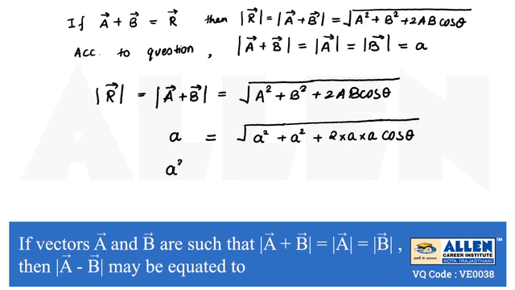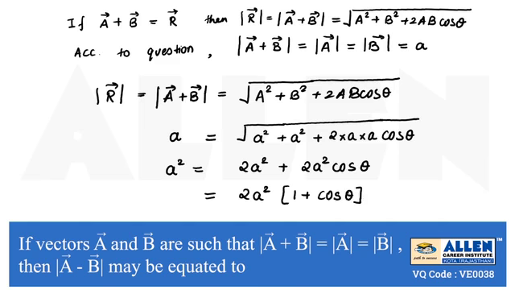On further simplification, we will get a square equal to 2a square plus 2a square cos theta. So we can take 2a square common, and in the bracket we will get 1 plus cos theta, and on the left hand side it will be a square.